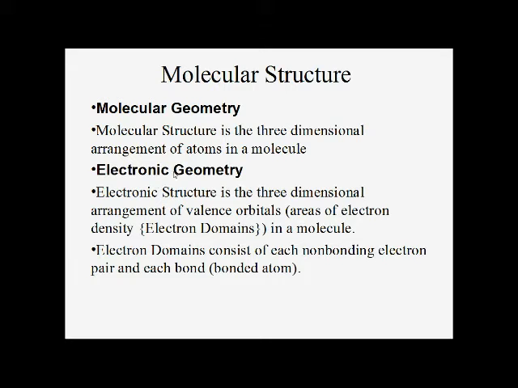It's only the bonding pairs that are holding an atom that end up being visible in the molecular geometry. So the molecular geometry is the structure of the atoms in the molecule. The lone pairs that are in the electron geometry hold the shape that will structure the molecular geometry. So we're going to start off determining the electron geometry of the molecules, then use that to help us determine the molecular geometry of the molecules.